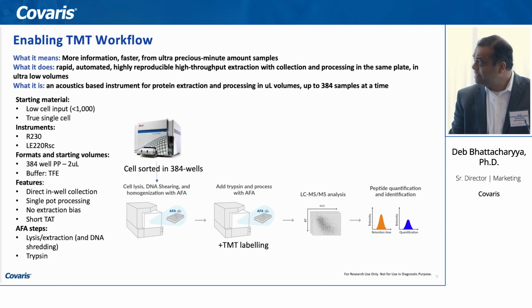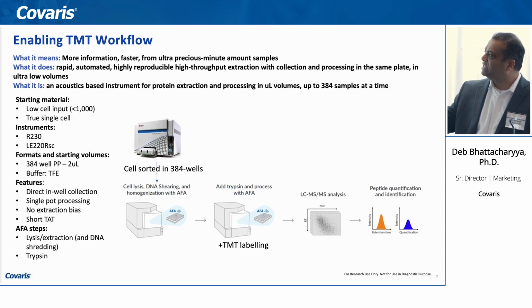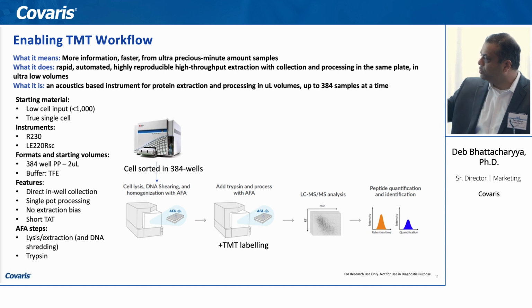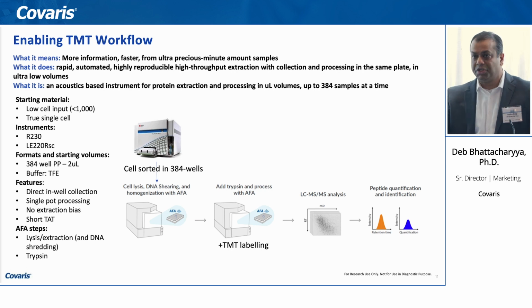In this regard, in some of these examples people actually worked with cell sorters and divided the samples into 384 cells, and they did the whole workflow using the cartoon that you're seeing at the bottom of the screen, which is actually one of our instruments. They did the entire process once again, the lysis, DNA shearing, which is what you have to do anyway to extract your proteins, up to when you inject your sample into LC-MS.